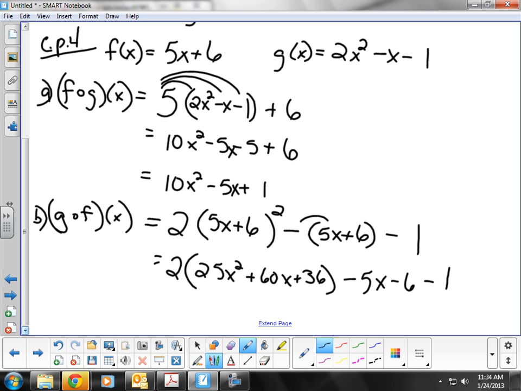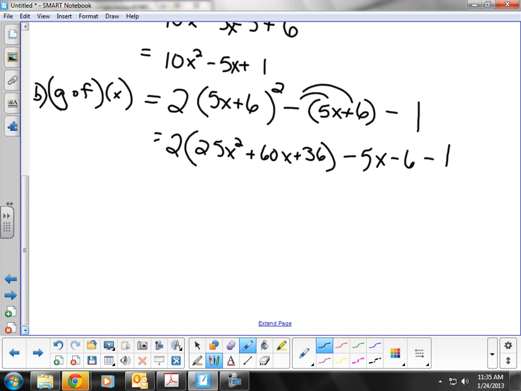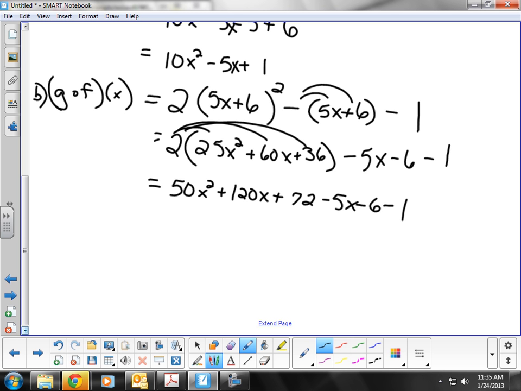I'm going to go ahead and distribute that minus sign through there, get rid of that parentheses. So I have to multiply through by the 2 now because I had to wait to do that until after I squared. So I've got 50x squared plus 120x plus 72 minus 5x minus 6 minus 1.